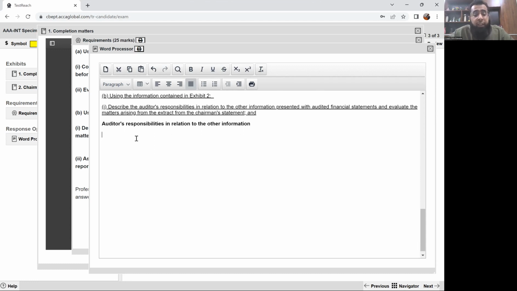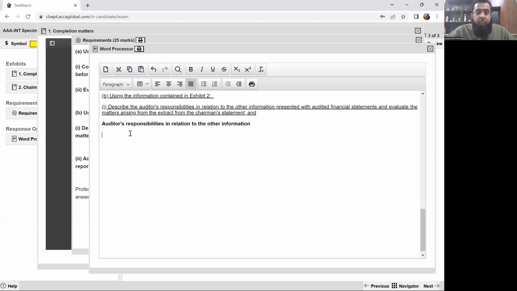So let's look at the auditor's responsibility in relation to other information. You all know that the auditor does not express any opinion on other information. Other information means information which is part of the annual report but not included in the financial statements.